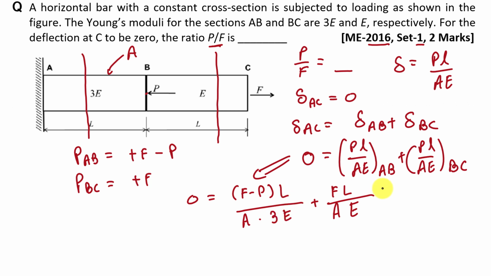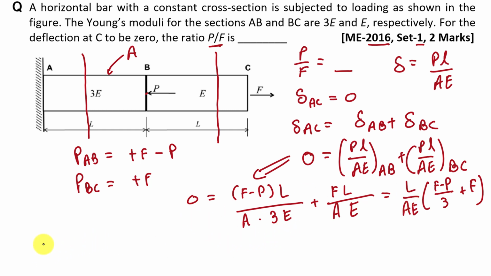Now from here, if you take length, area and Young's modulus constant, it will be F minus P divided by 3 plus F. And if we take this L divided by AE constant on the left side, then it will be 0 divided by L divided by AE, so finally it will be 0.